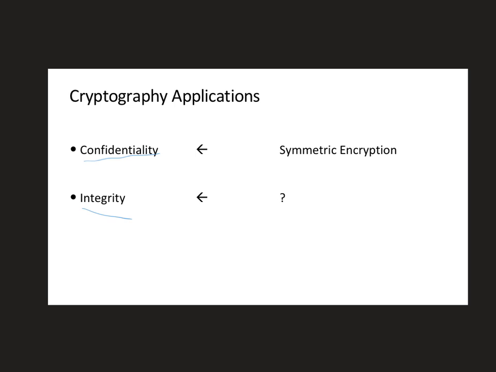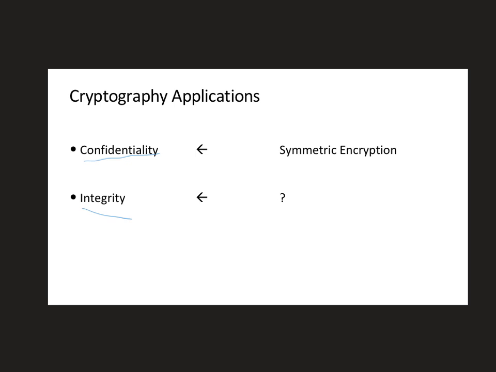This can guarantee confidentiality because no one can read it, no illegal read, right? So the encryption methods, the ciphers, the crypto systems, can provide confidentiality.